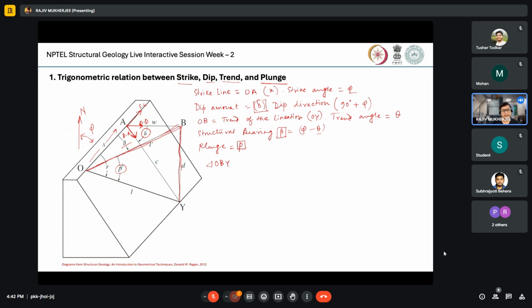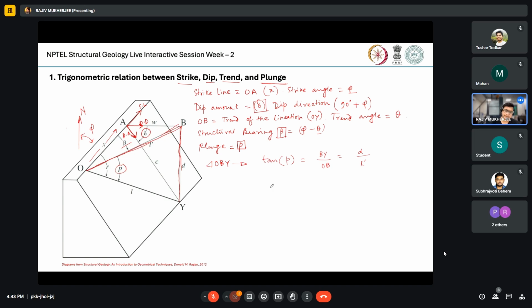So if we define tan P, tangent of P, that will be the perpendicular by base. So the perpendicular is BY and base is OB. That means we have D over L prime. Okay, so this is the value.